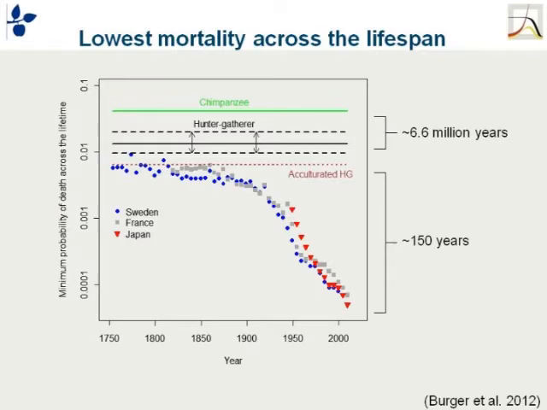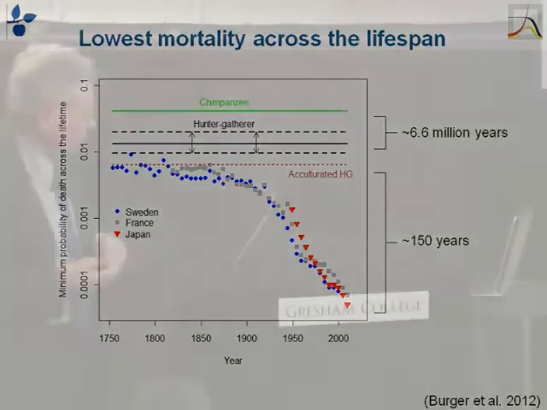And then if you look at Sweden, France, and Japan, this enormous change mainly took place over the last 150 years, and in fact, particularly over the last 100 years. So we've done in 150 years, or it depends what you want to say, 250 years, something like that, more in that short period of time than evolution did in 6.6 million years.